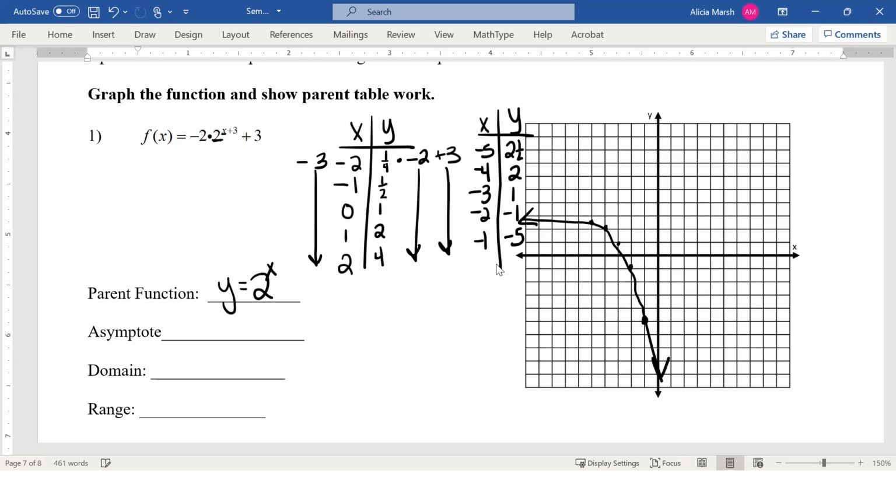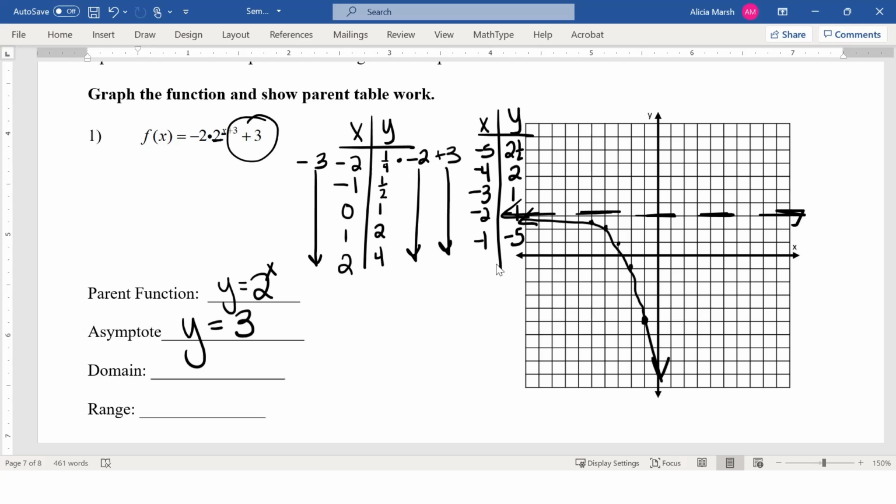There were arrowheads on both sides, but do remember that this one had an asymptote, and its asymptote was always where that vertical shift was, because normally it's at 0, but if I vertically shift up or down, we also have that happening. So right here is where that asymptote is on this equation. So my asymptote would be y equals 3 in my case.